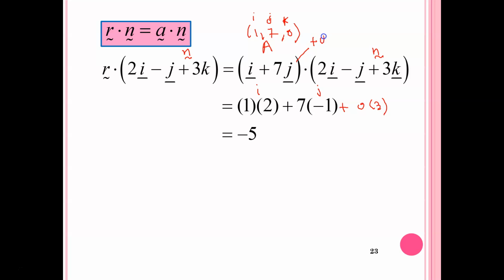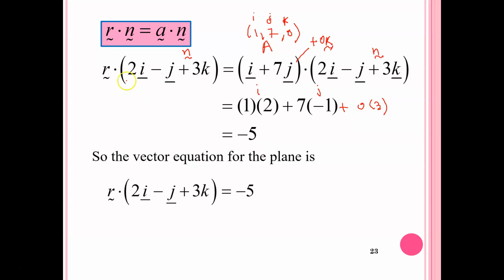There is no point, but if you still want to write it down, it's okay. So this one you can calculate, you get negative 5. So the vector equation for the plane has the right hand side equal to negative 5.